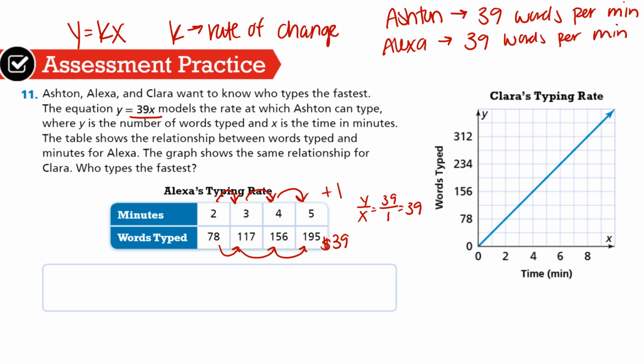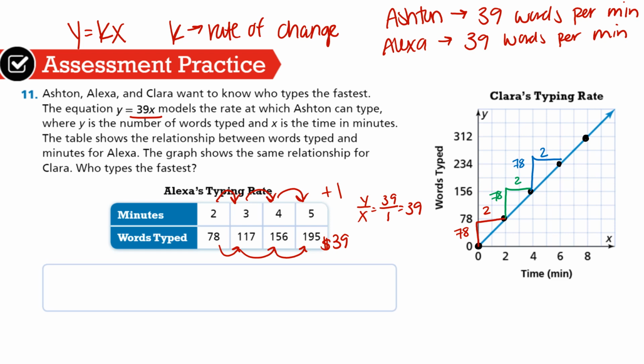For Clara, we graph our points, (0, 0), (2, 78), (4, 156), (6, 234), and (8, 312). To go from 0 to 78, we would do that in 2 minutes. 78 to 156 is also 78 words in 2 minutes. 156 to 234 is 78 words in 2 minutes.